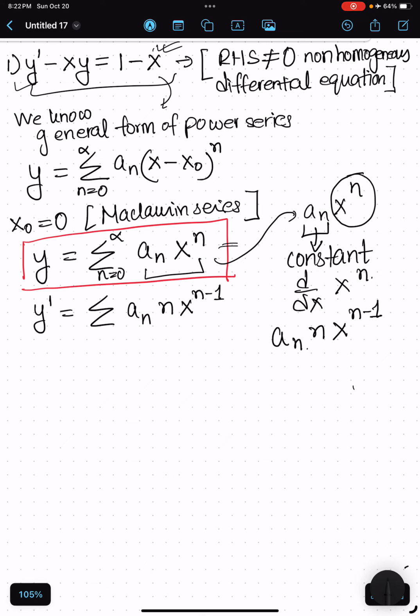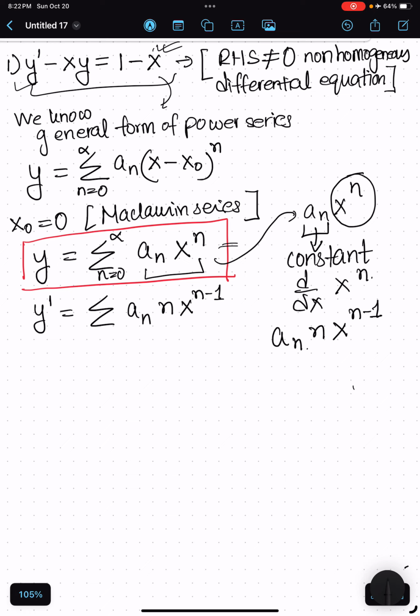Now, what happens to our indexes, right? When we do any sort of derivation, what happens to our indexes? Does it stay the same? Does it start from 0, just like its parent function, or does the number change?